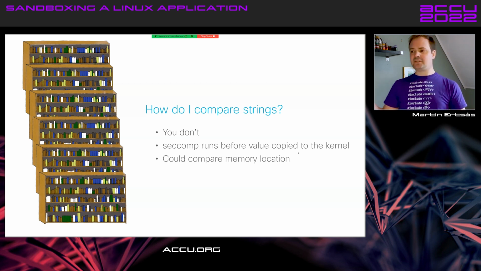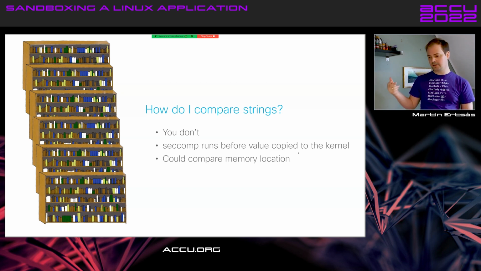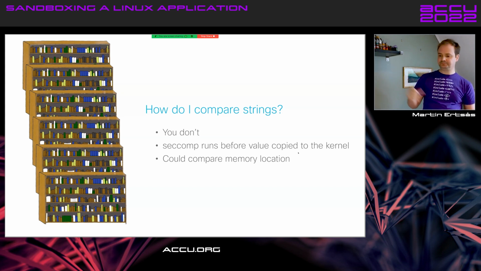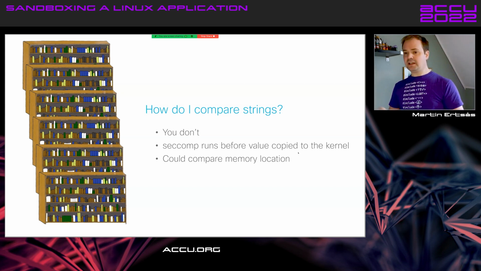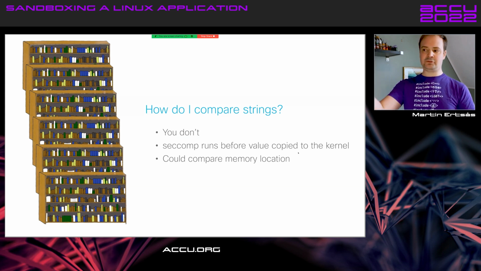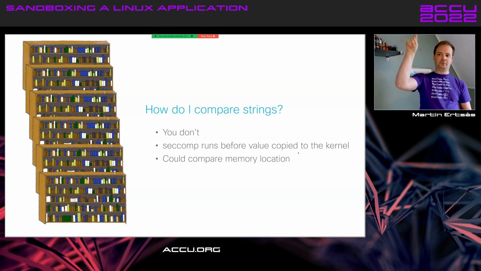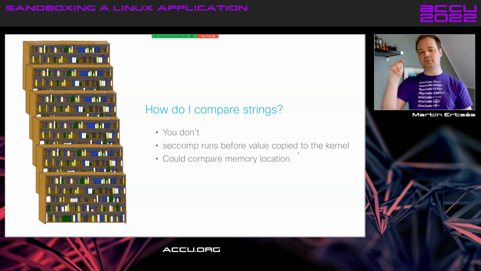So, for instance, if that string was foo, and you want to only allow some syscall with the first argument being the string foo, then you could do that by having a static string foo and comparing the memory location of that foo with the memory location you get into seccomp.